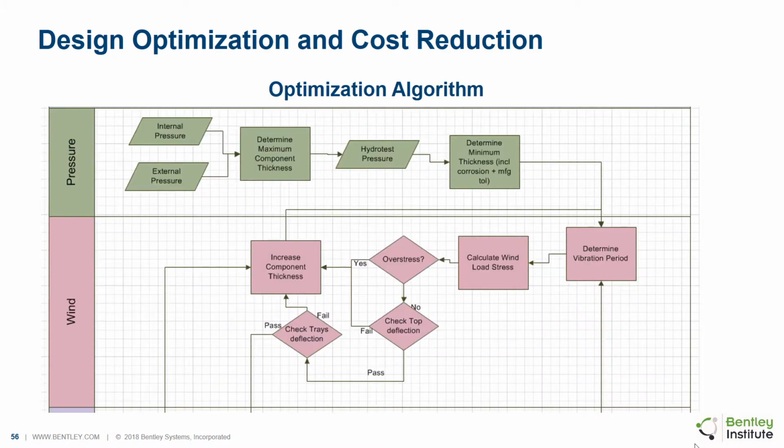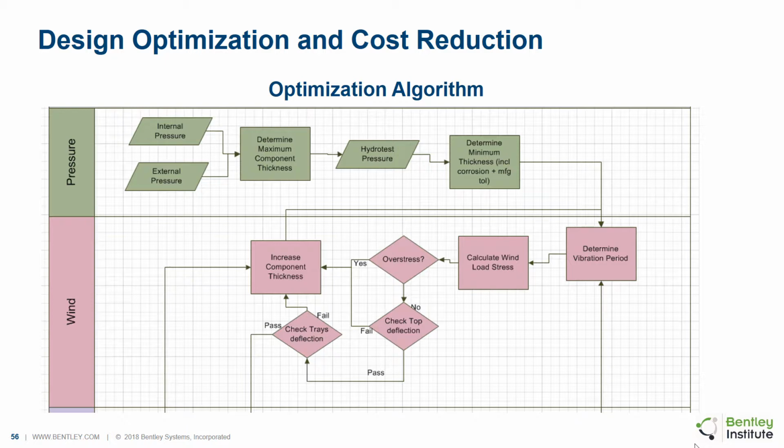Let's take a quick look at the optimization logic of the software. First, the internal and external pressure cases and hydrotest pressure calculations are performed and thicknesses determined, followed by vibration period determination and calculations for wind load conditions. If there is overstress, component thickness is increased, else it proceeds to calculate for the seismic load case.